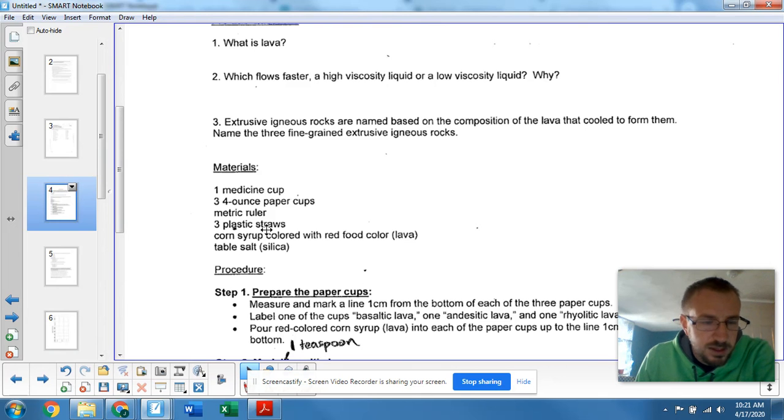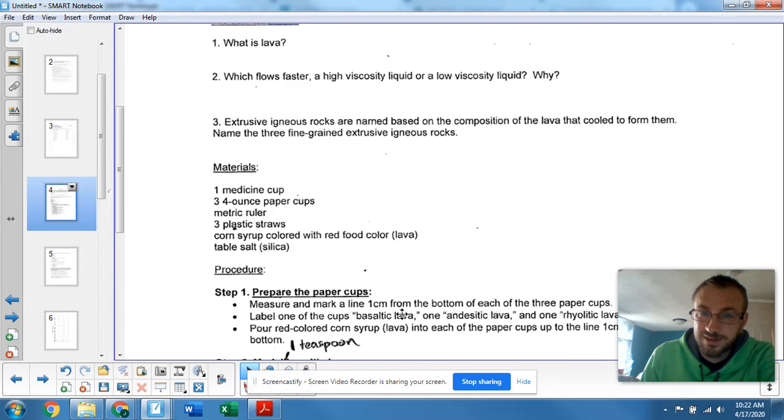If you have straws, if you've got some cups of some sort, they don't have to necessarily be paper cups, but just a small cup to put some stuff in. Whether they're medicine cups or paper cups doesn't really matter. They could be little tiny Tupperware bowls, really doesn't matter. The ruler is just for measuring out some 1 centimeter lines, doesn't have to be perfect.